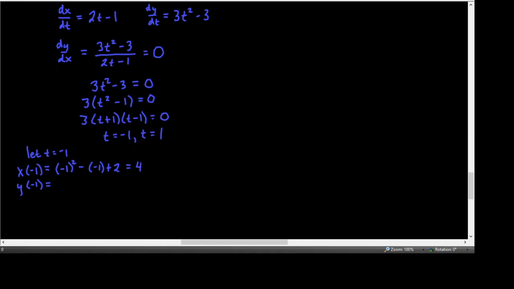And then y of -1 will be input cubed minus 3 times the input. So -1 cubed is -1 minus 3 times -1, so that'll be plus 3. That's 2. So we have a horizontal tangent line at the point 4, 2.